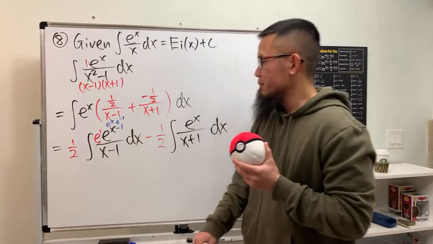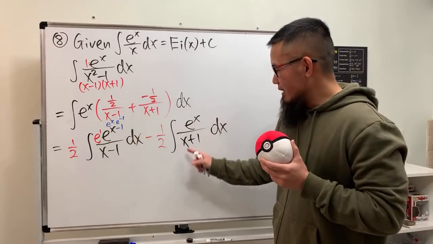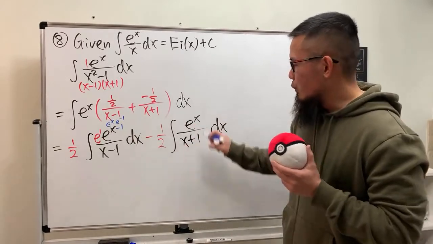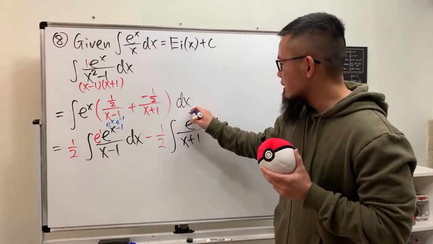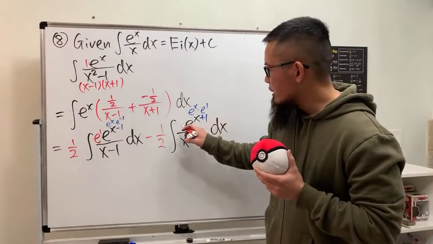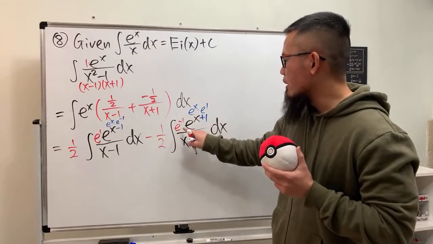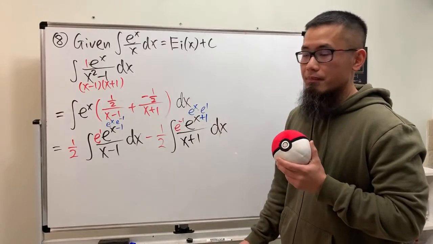Here we have x plus 1. So really, we should have x plus 1 right here as well. But this really means e to the x times e to the first power. So we should really have e to the negative 1 power, so that this times that will cancel to be 1, so that we wouldn't change the whole thing. All right?